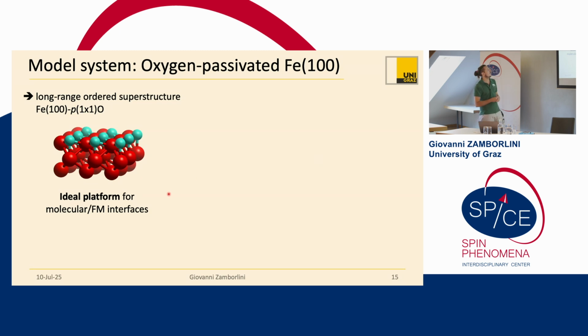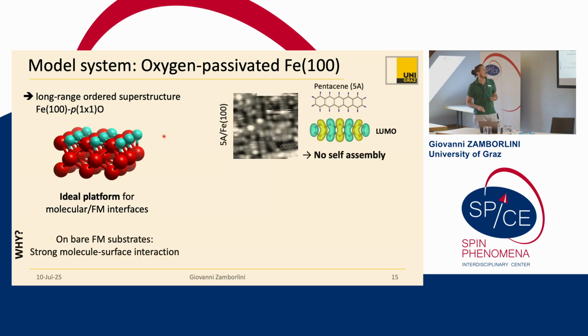This is the part that goes a bit beyond, or let's say is not truly material related, because as a model system we investigated an iron 100 surface which we passivated with oxygen. The motivation back then was that we wanted to grow interfaces where we have molecules in direct contact with a ferromagnet. And when you put a molecule in direct contact with a ferromagnet, usually what you have is disorder.